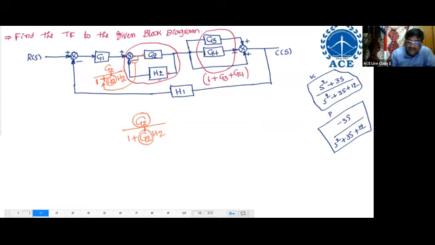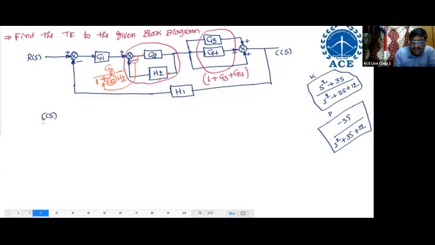So, for example, see here. Now these three are in series: G1, this loop, and this block. Series means multiplied. Now I'll write the transfer function.